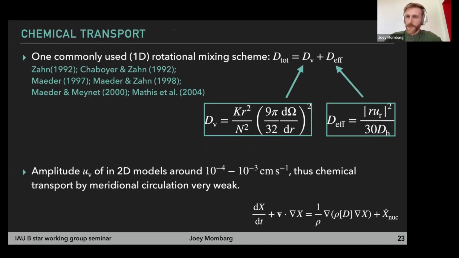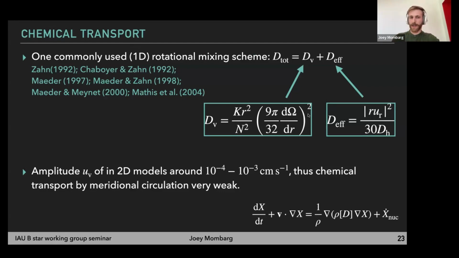I'll make some notes on the chemical transport. One commonly used scheme to do rotational mixing in 1D is based on many of the works listed here. It has a vertical diffusion coefficient, the same one I mentioned earlier that also goes into the 2D models, but in addition you have an effective diffusion coefficient that scales with the amplitude of the meridional circulation velocity field.